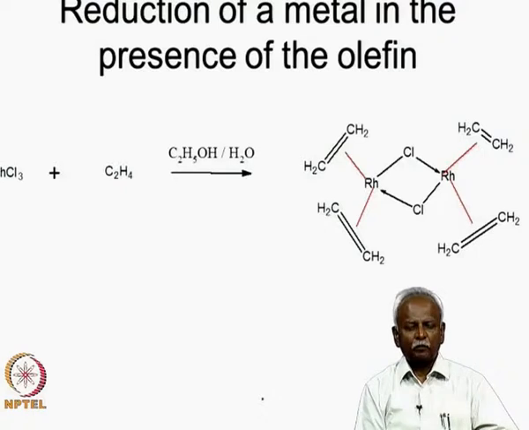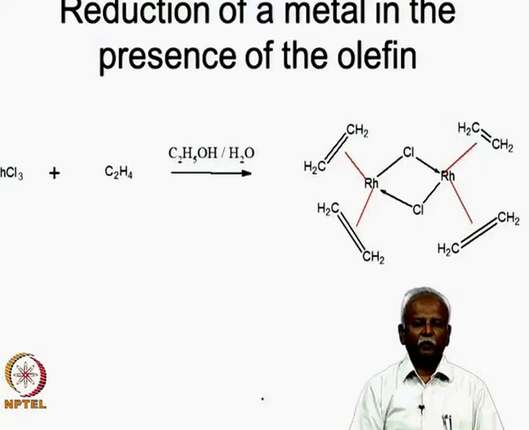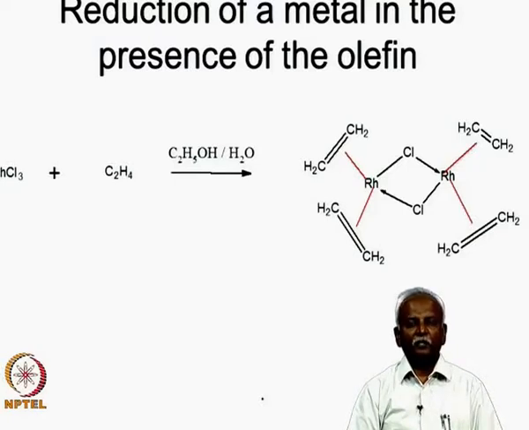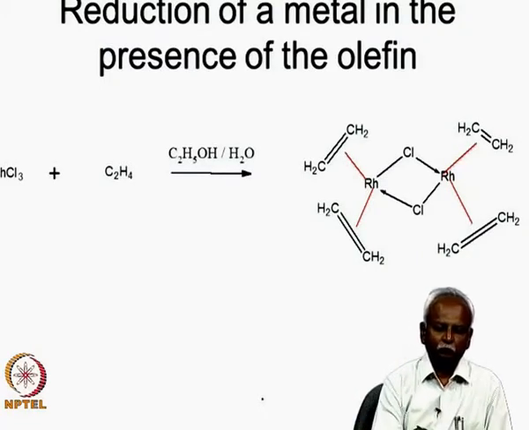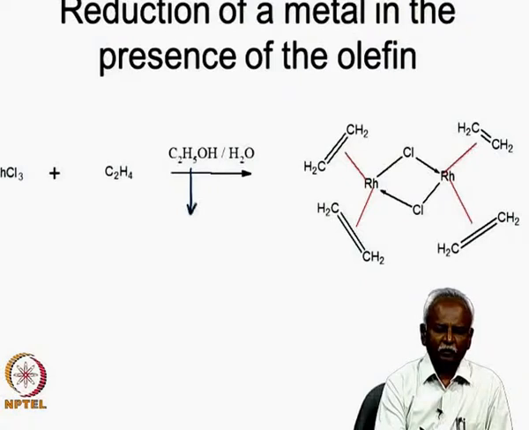Now, it is not always necessary to reduce the metal from the higher oxidation state to the lower oxidation state using a metal. Here is an example where ethanol functions as a reducing agent. Ethanol gets oxidized to acetaldehyde, CH3CHO.